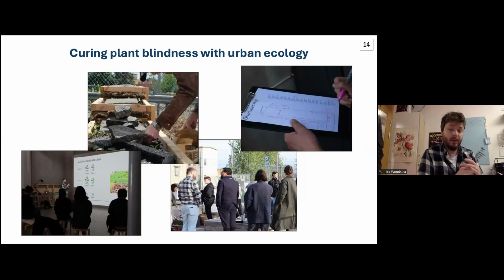Associated to that, we gave some lectures about, especially because urban environments are a really great place to see Asteraceae.